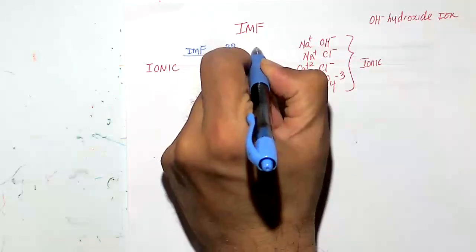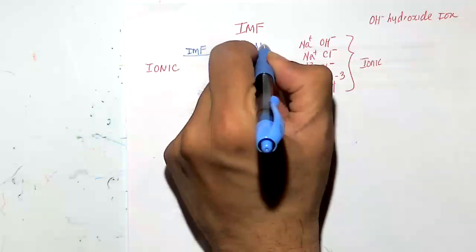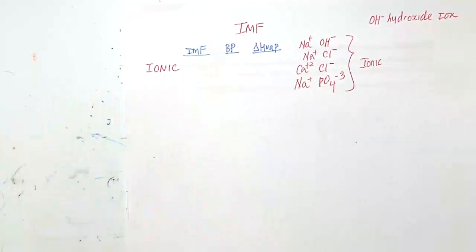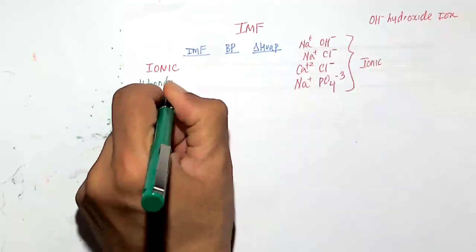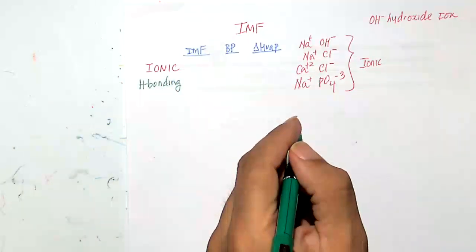Boiling point. What is the next strongest? Both of these are called polar, but one polar is a little bit stronger than the other. Both are polar. What is this called? This is called hydrogen bonding. What do we look for in hydrogen bonding?